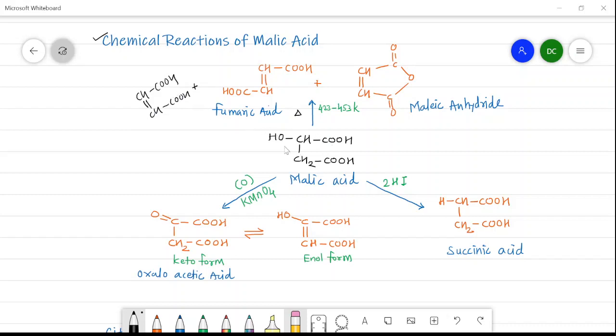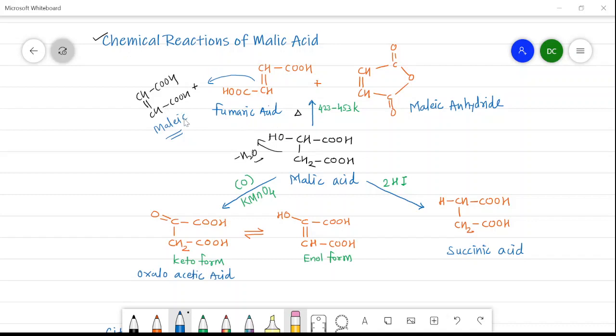That's why after the heating of malic acid we first get fumaric acid due to the removal of a water molecule. From this carbon the hydrogen is removed and the OH group from this carbon. So there is a removal of a water molecule, and we get fumaric acid. Then this fumaric acid is converted into the malic acid, or it isomerizes into the malic acid in the heating condition.